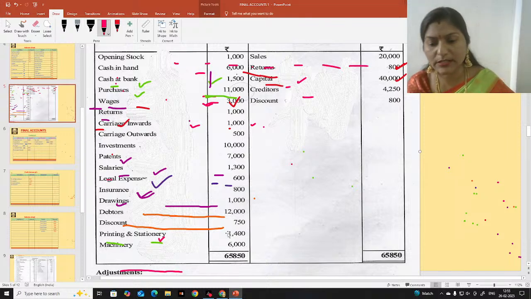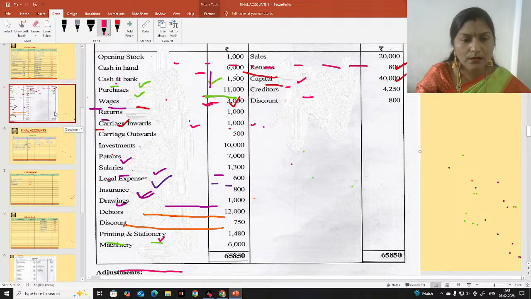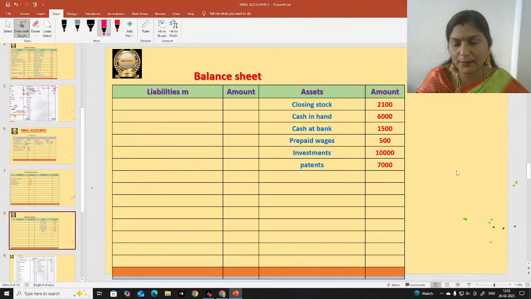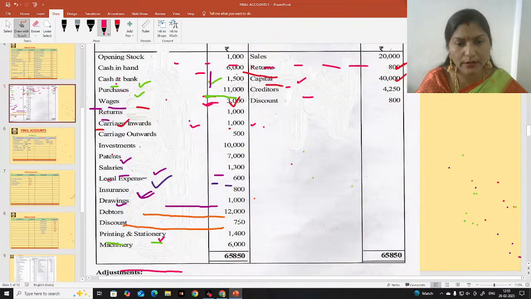There was some disturbance. Yeah, I will continue that. You can see. So debtors we are going to write in the balance sheet. Okay, let me write in the balance sheet debtors. How much debtors we have? Debtors. So debtors, since we have adjustments, debtors amount it is 12,000.